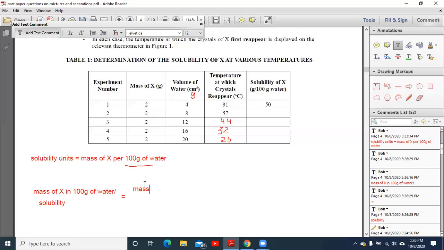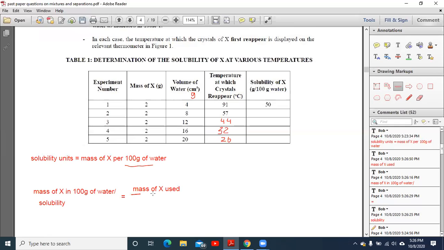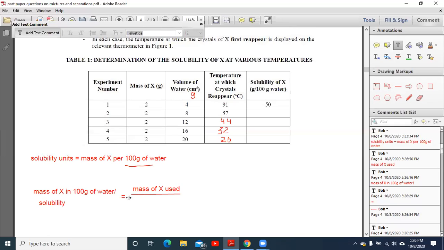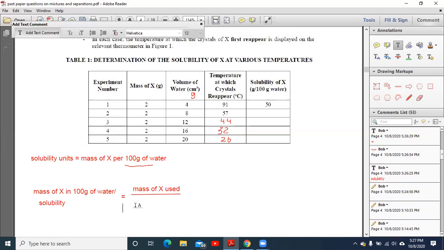We would take the mass of X that is used and divided by the mass of water that it is dissolved in, right?